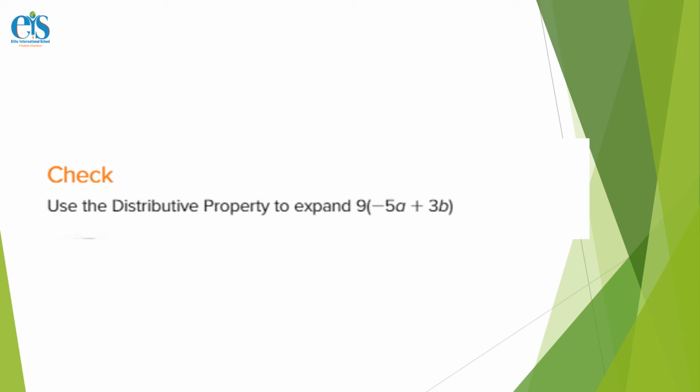So, you would multiply the 9 to the negative 5a and multiply the 9 to the 3b. So 9 times negative 5a plus 9 times 3b. Let's check your answer. Negative 45a plus 27b.